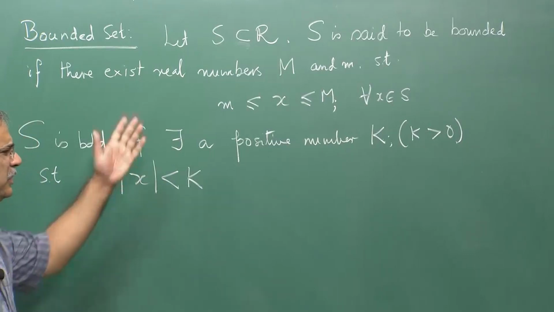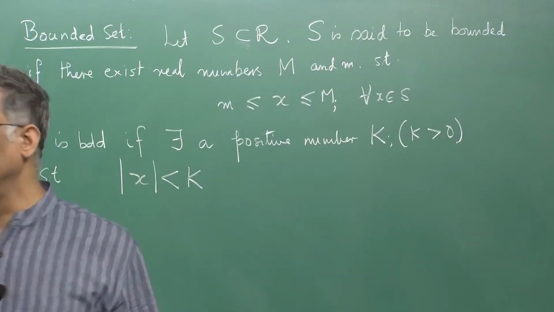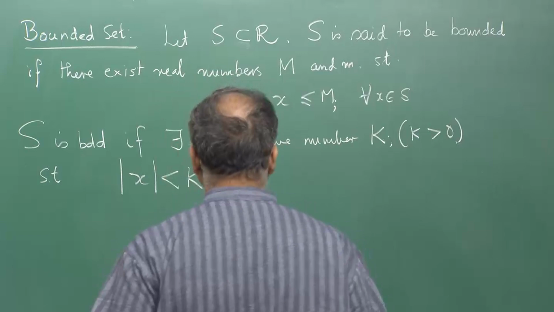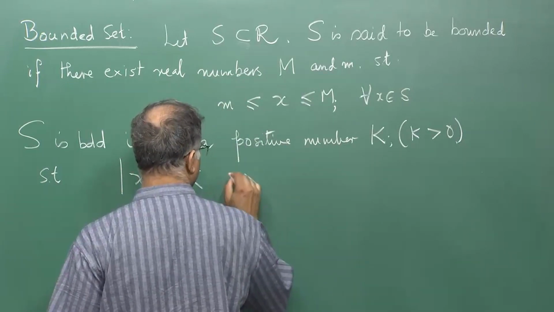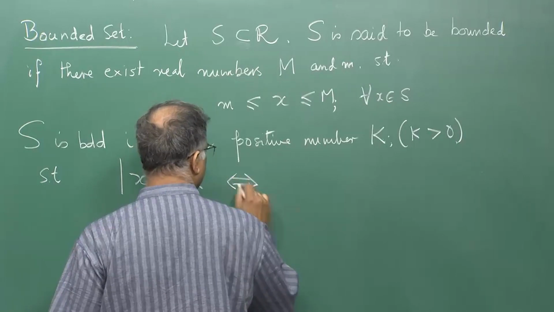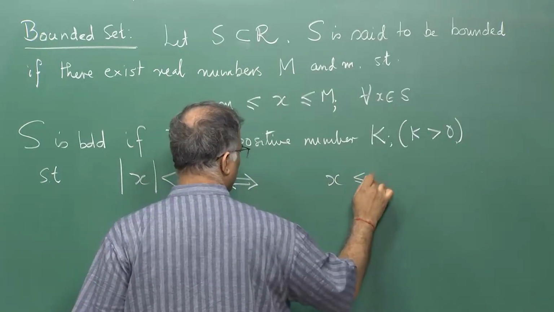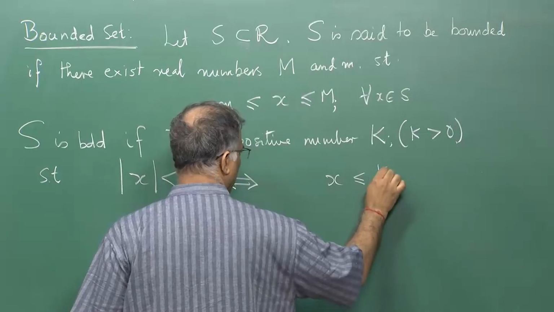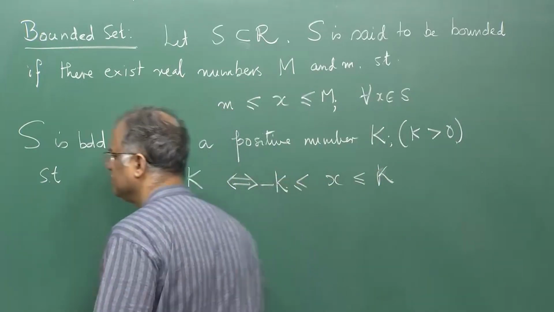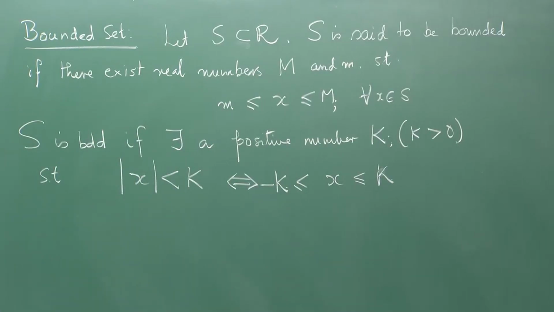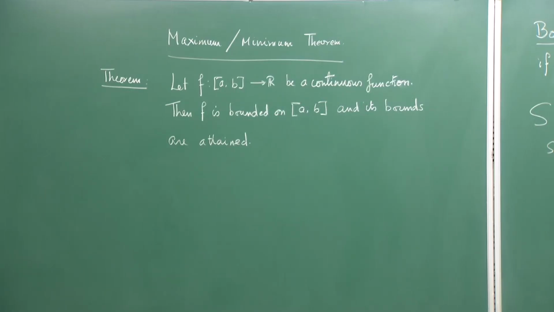There is no real difference between these two definitions of boundedness of a set, because this is the same as writing x lying between minus k and k. So, whichever way you can use it.